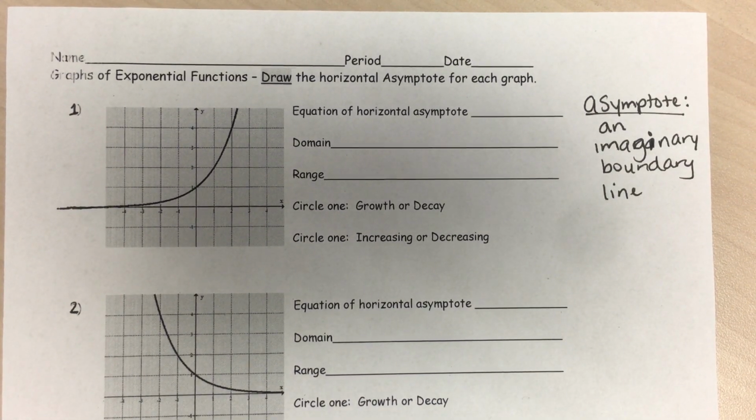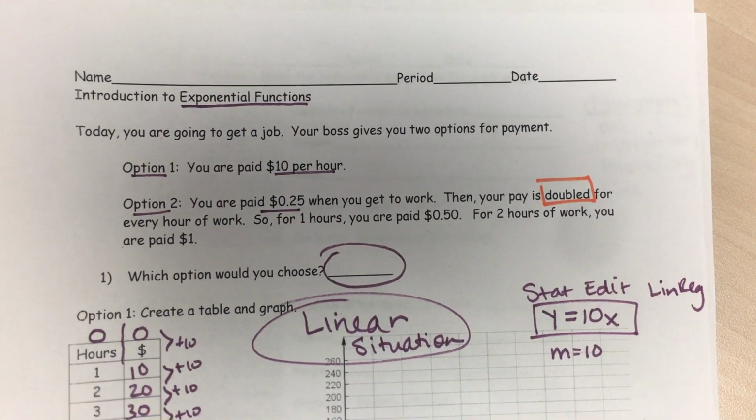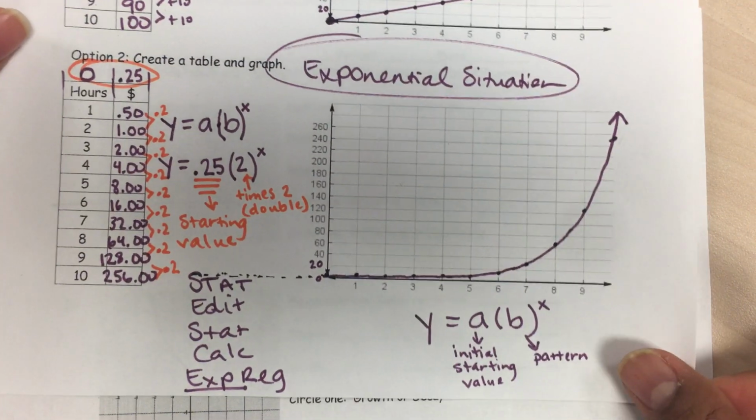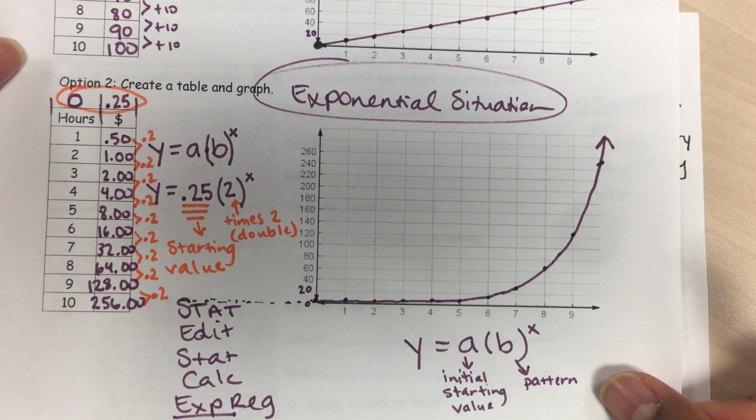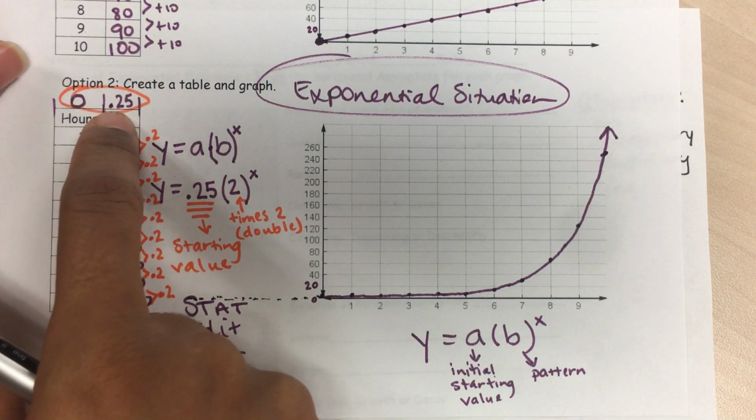Okay, class, today we're going to be learning about key features of the graphs of exponential functions. Yesterday, you were introduced to exponential functions. And what is the difference between an exponential function, which we had here? Remember when you got paid 25 cents just for walking through the door?